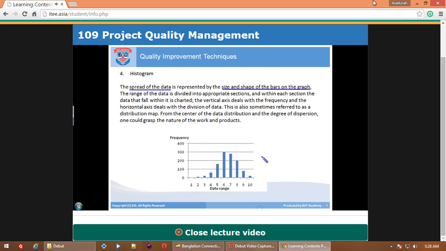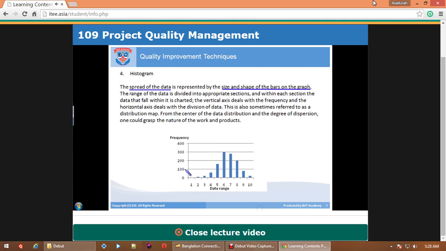If you look at the histogram in this example, we are showing the date range in the x-axis, that means date 1, date 2, 3, 4, and so on up to date 10.